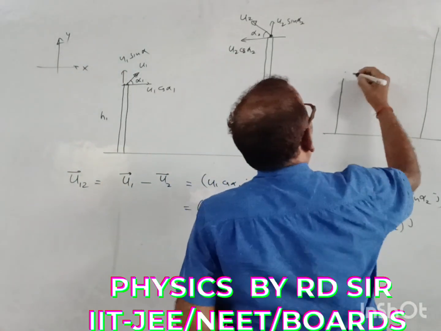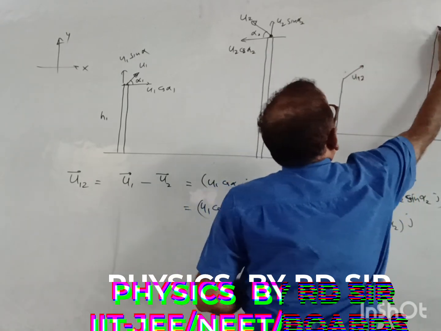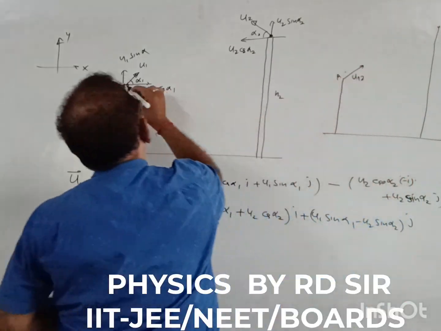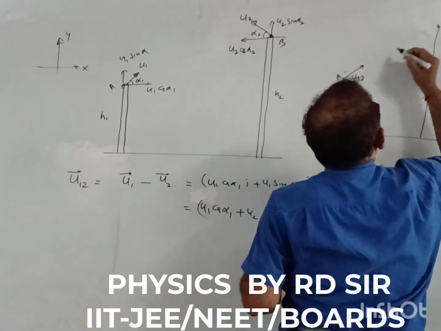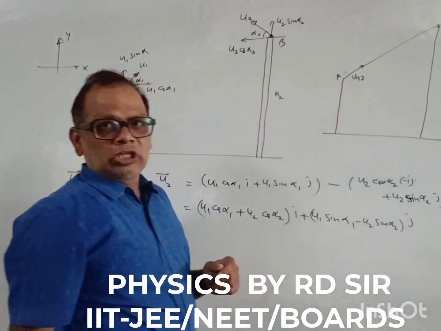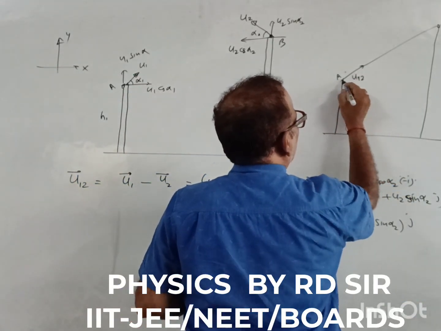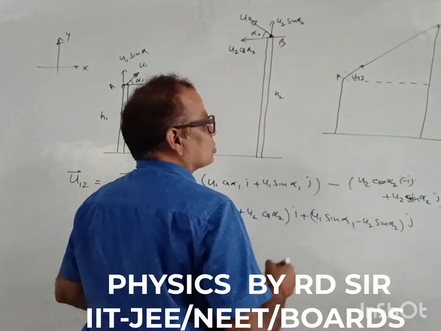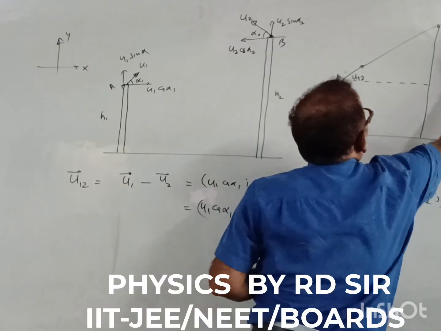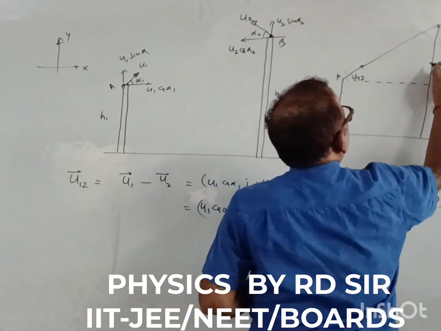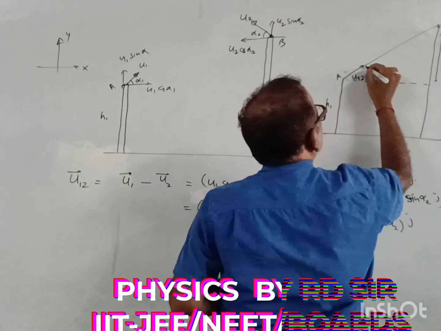So suppose this point is A and this point is B. The direction of the relative velocity of 1 with respect to 2 should be along this line AB. Draw the horizontal line. This is h1 and the whole is h2, so this distance will be h2 minus h1, and say this angle is theta.